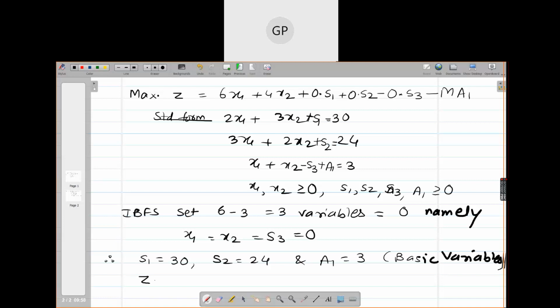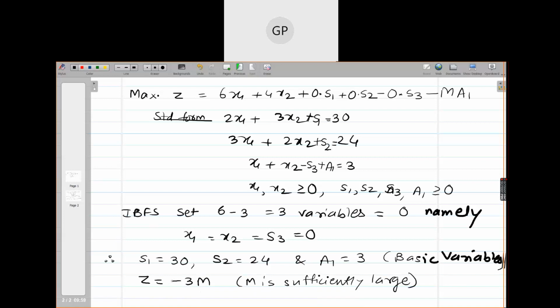And what is the answer of Z then? Z becomes minus 3m, and m is sufficiently large. Okay, so this cannot be considered as an optimal solution, obviously, because this is going to be a negative answer, and we are interested in maximizing Z. Okay, so as all basic variables are positive, this IBFS is, what do we call it?